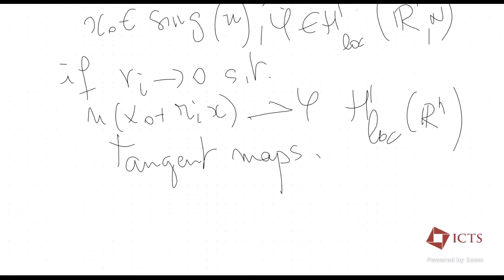They come from rescaling, I mean dilating maps in x around a singular point. What you want to understand are those singular maps, those tangent maps. If you understand those, you understand what the singular points are.